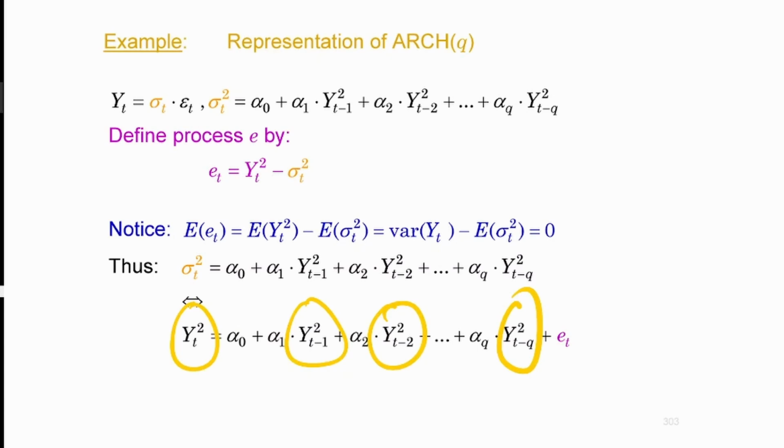And that's something that you can do for your next assignment. You can simply take the returns as they are, square them, and try to estimate an AR type of process. You can use ARMA, by the way. And if this model is significant, let's say at the 5% level, you can argue that there is significant conditional heteroscedasticity for the process itself, at least at the 5% level.